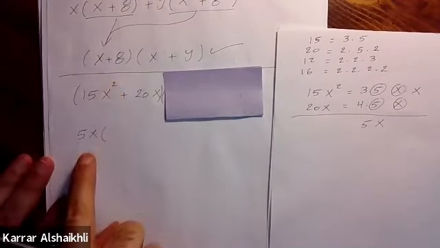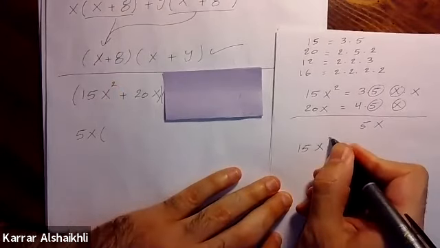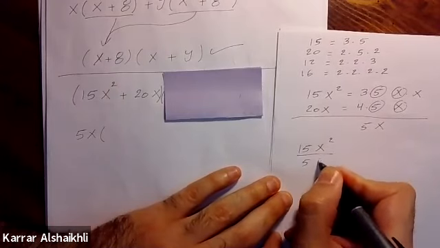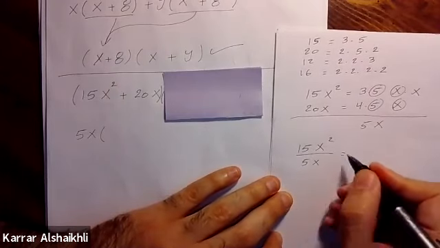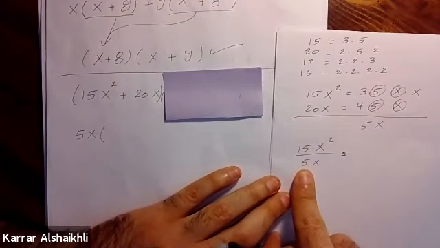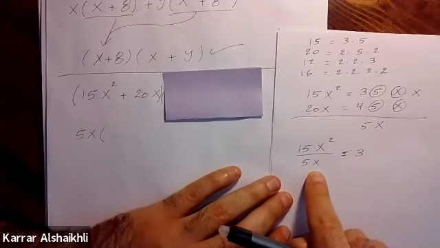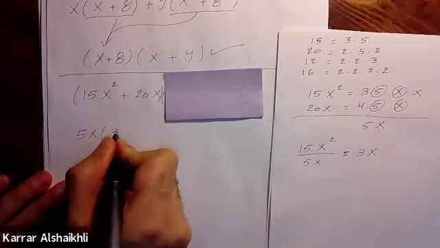15x squared divided by 5x. 15 divided by 5 is going to be 3. x squared divided by x is x. So here is the 3x.